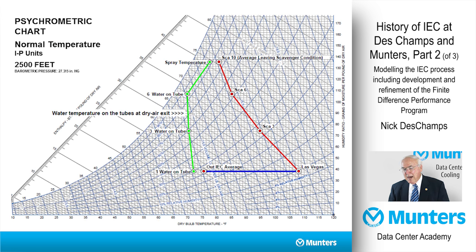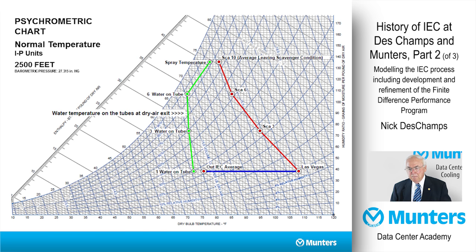And finally, this will indicate what's going on. The blue line is the dry airstream that's cooling down as it goes through the tubes. The red line is the scavenger airstream picking up moisture but cooling down at the same time.